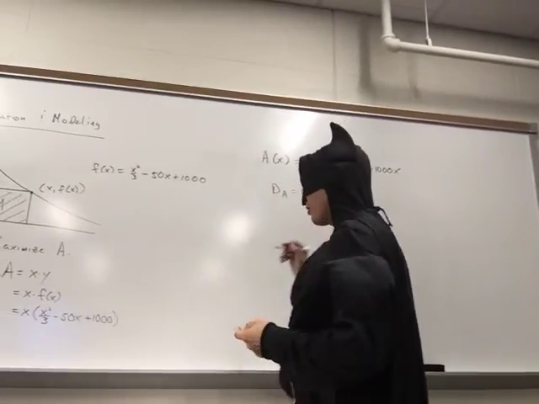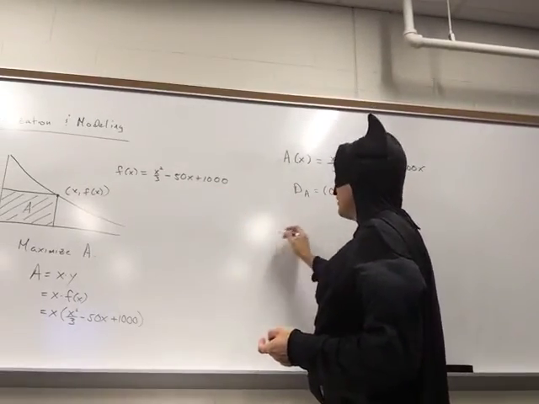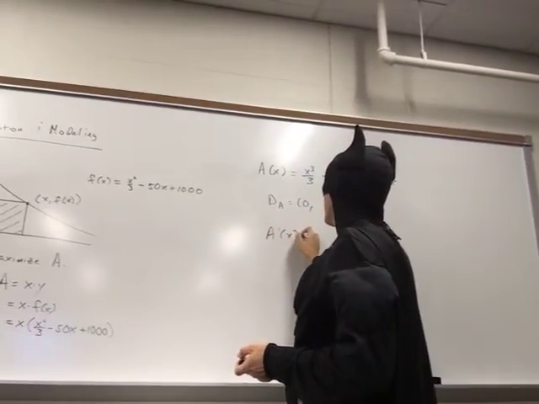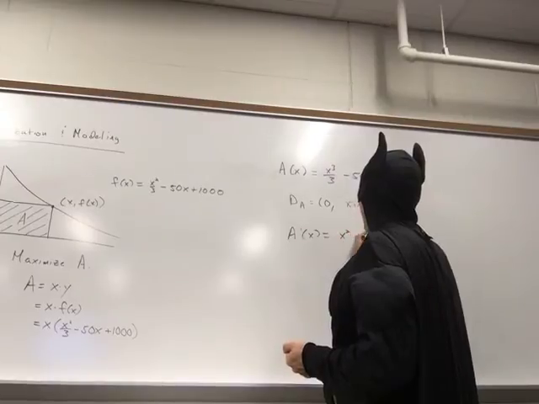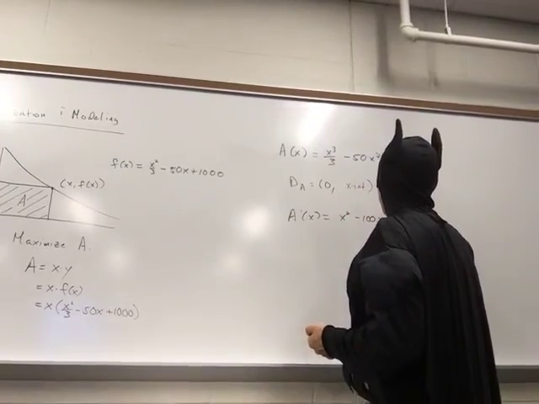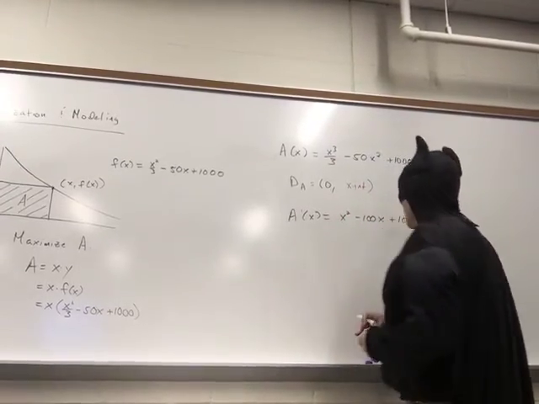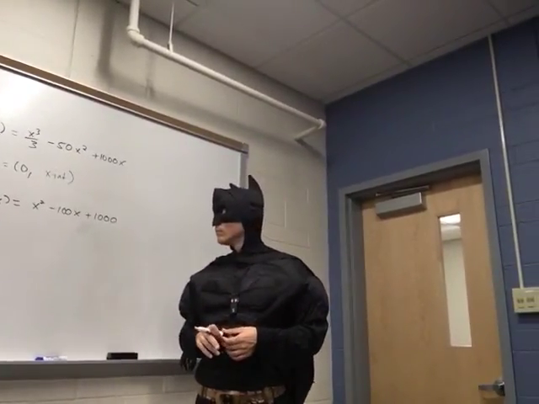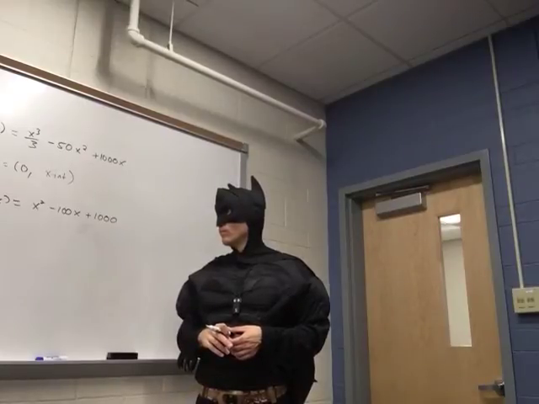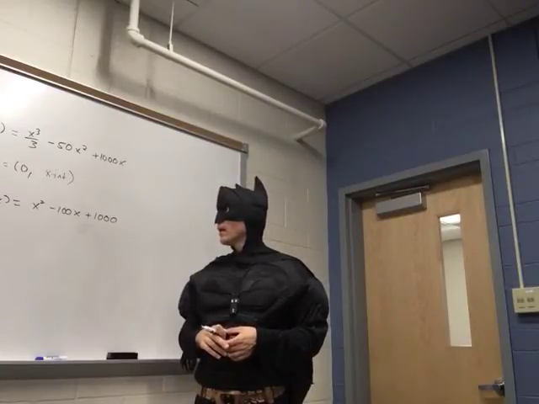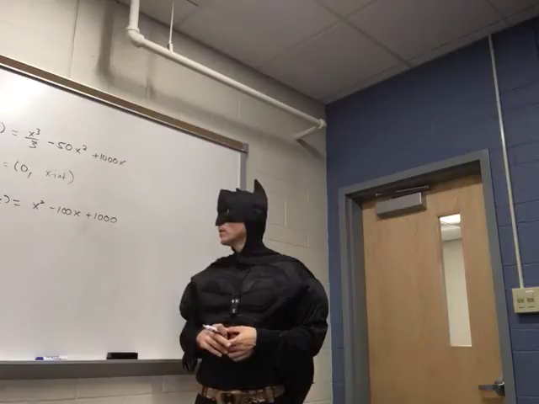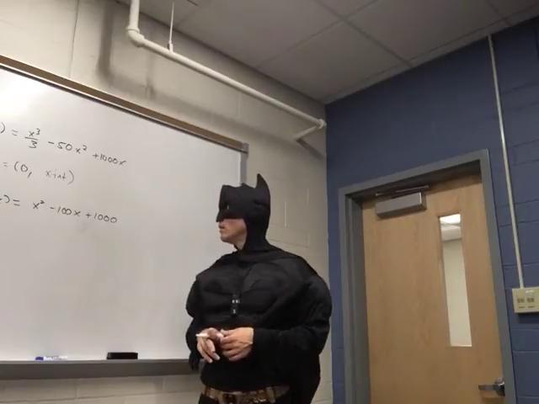Okay, so to find the other critical point, we can take this function, find A prime of x, which should give us x squared minus 100x plus 1,000. Which does not have a great solution. 10,000 minus 4,000. No, it's going to get fairly ugly.